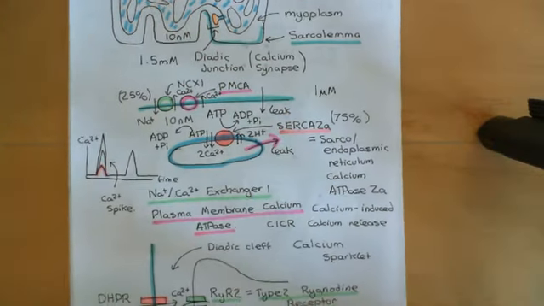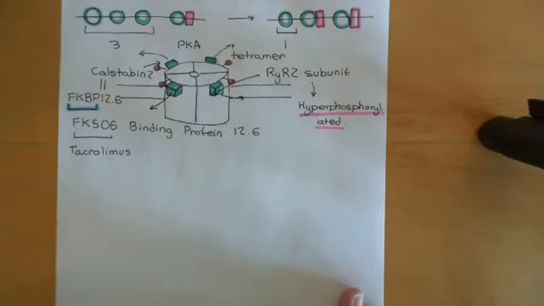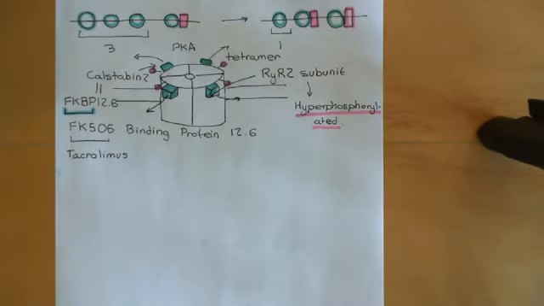So again, this is going to contribute to the sarcoplasmic reticulum calcium luminal content being reduced in these hypertrophied cardiomyocytes. And that means that when you actually produce a calcium spike, because the cardiomyocyte has been stimulated, that calcium spike is going to be reduced.